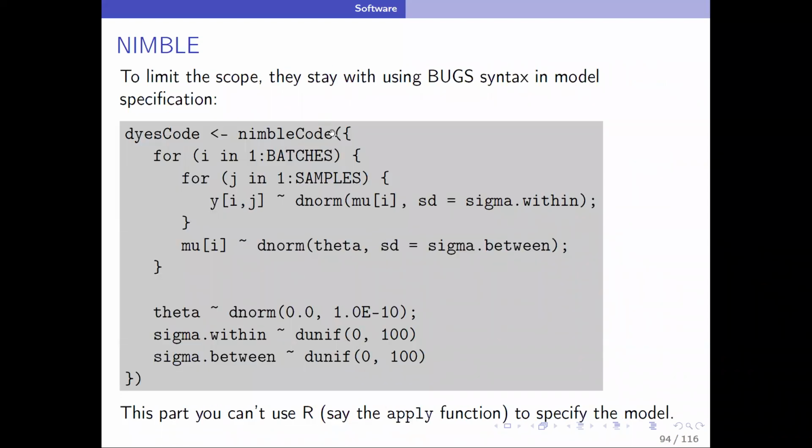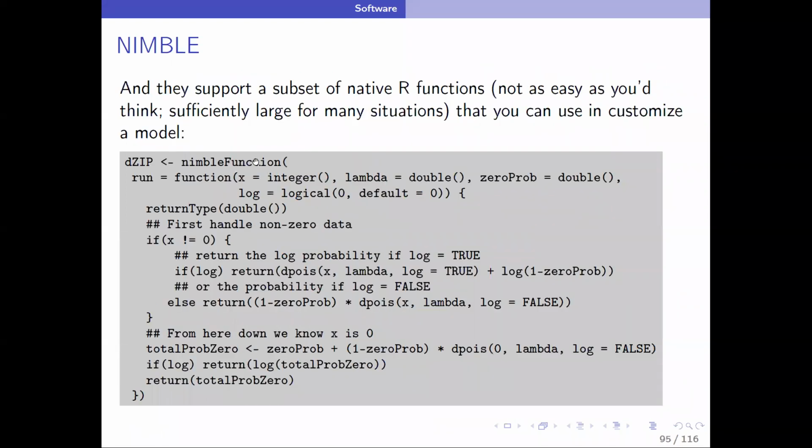And so in NIMBLE, you have two pieces. In model specification, they stick with WinBUGS. And in function definition, they have a bunch of limited R functions that you can use to define things. If you're not an R programmer, it doesn't make sense.